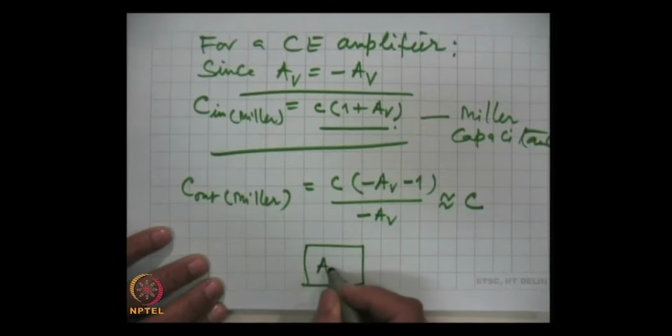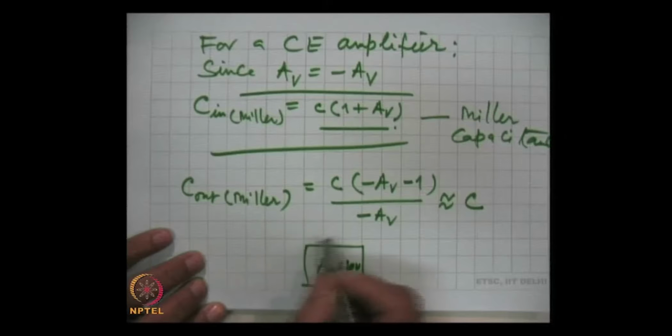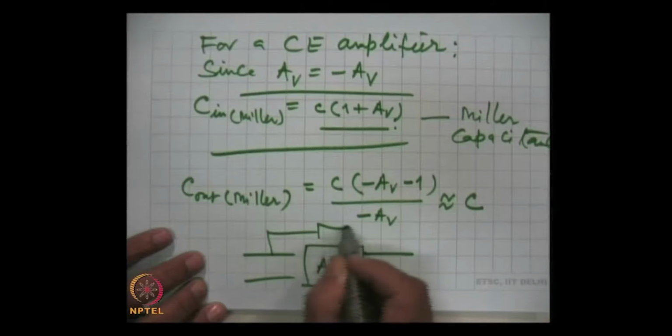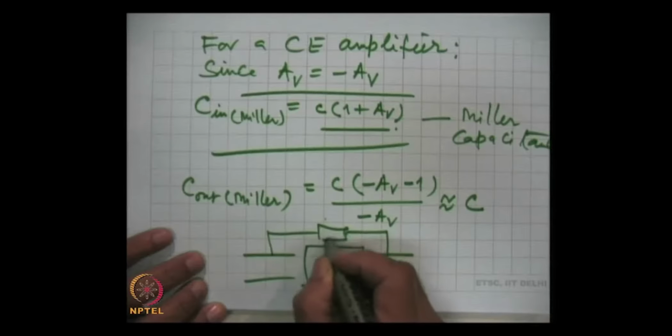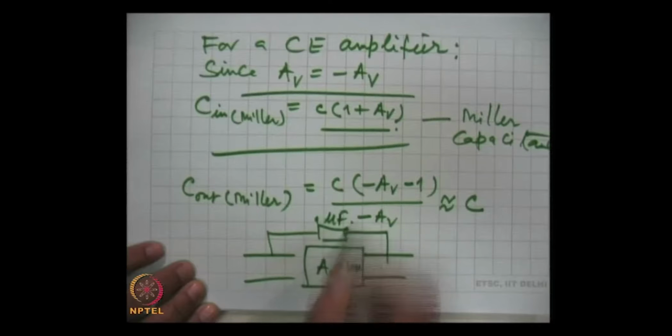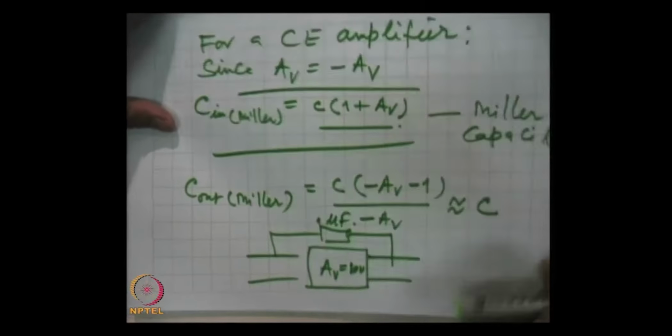Let us say gain, voltage gain is 100, and if this capacitance was 1 microfarad, then the value at the input and output we can calculate from here.